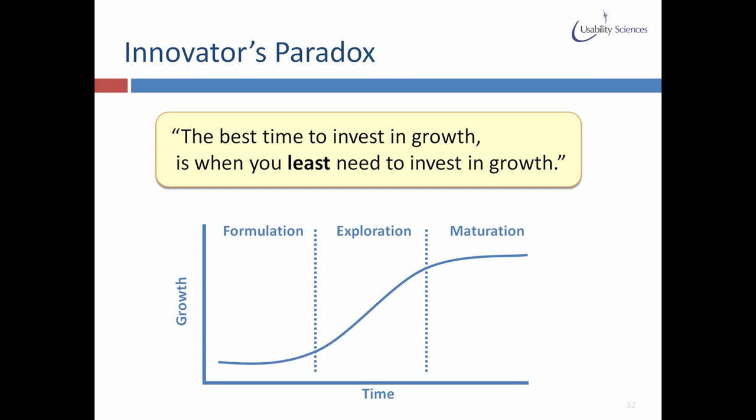So if you take a look at what innovation looks like when a product is introduced, starting from the formulation phase into exploration and the maturation, the paradox here is that it's always the best time, really, to invest in growth. So if you're waiting until your product has become mature, then it's likely others have emerged in the marketplace with something that is that much better, or perhaps offering that much more convenience.